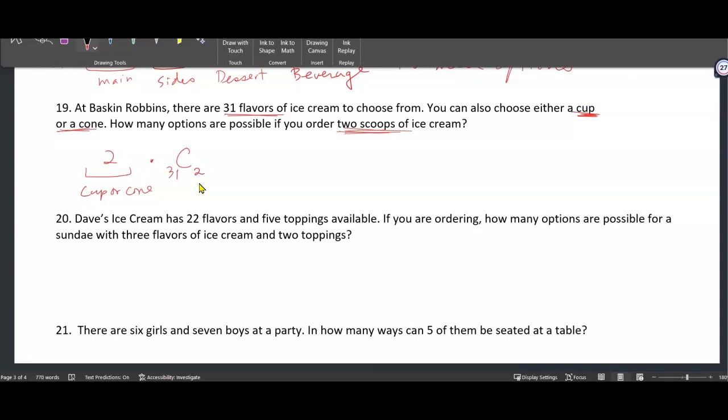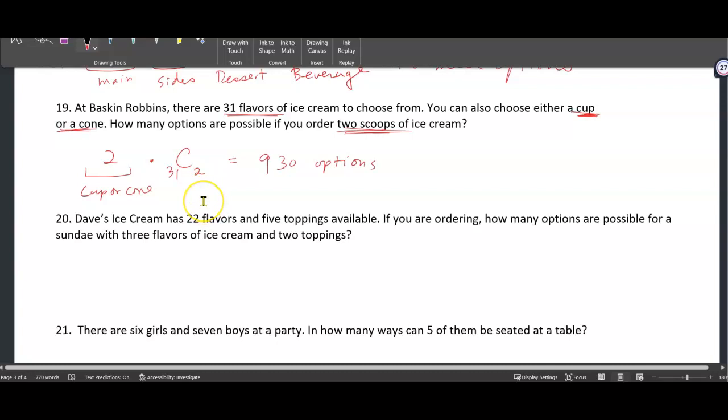So this is kind of like a partial fundamental counting principle. You have to choose the cup first and then choose the 2 scoops of ice cream. This is not very intuitive, but that's the way we do it because for the 2 scoops of ice cream, order does not matter. So you can actually have a combination of 2 methods.